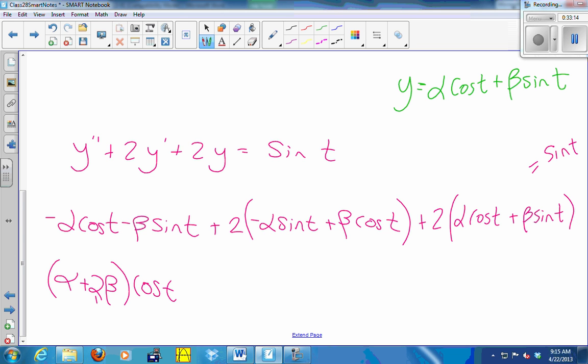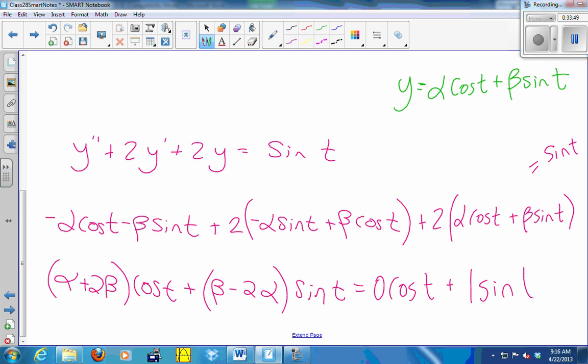Now I'm going to distribute and combine like terms for my sines. I have negative beta sine minus 2 alpha sine plus 2 beta sine, so I'm going to have beta minus 2 alpha sine. And I want this to equal 0 cosine t plus 1 sine t.